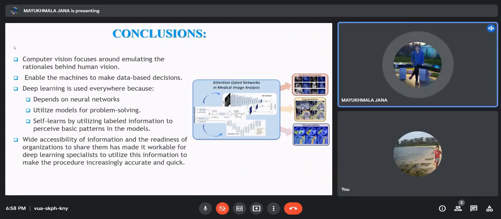A key driver for the growth of these applications is the flood of visual information flowing from smartphones, security systems, traffic cameras, and other visually instrumented devices. Here comes the application of deep learning algorithms. Deep learning specialists utilize this information to make the procedure of computer vision applications increasingly accurate and quick.